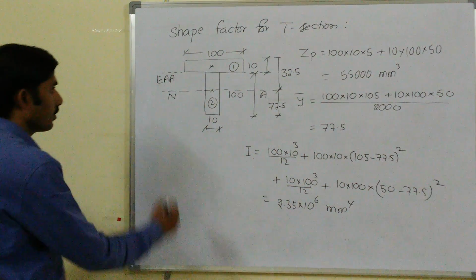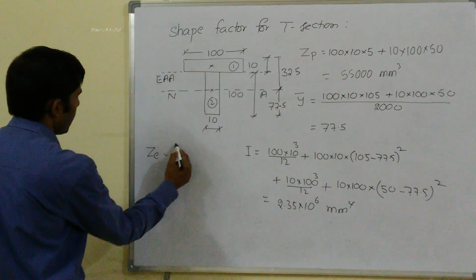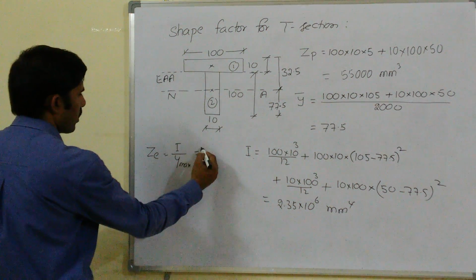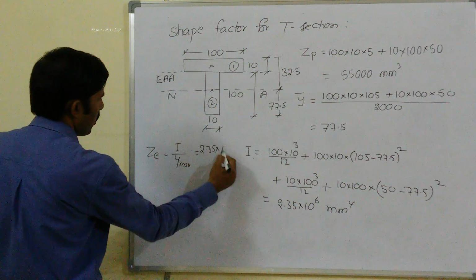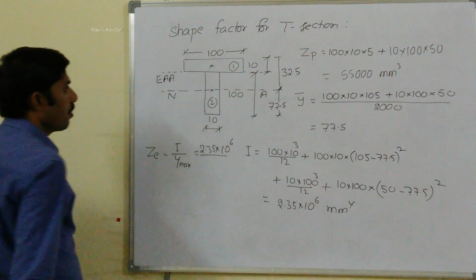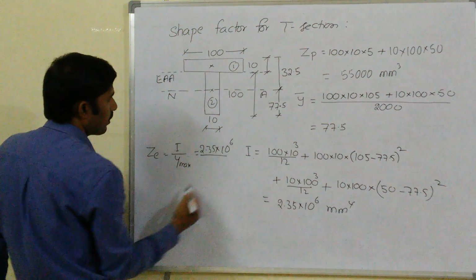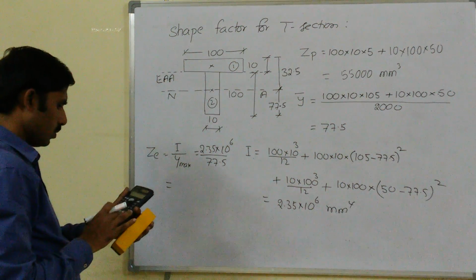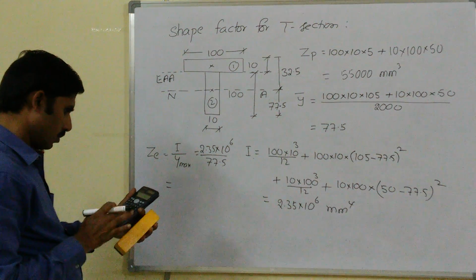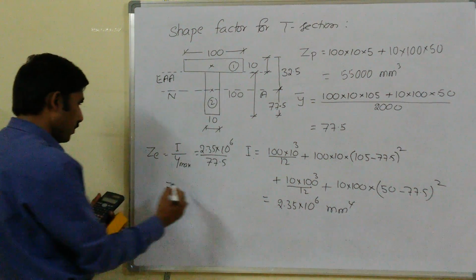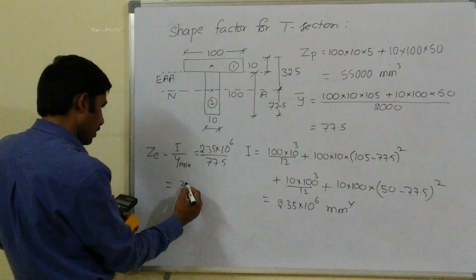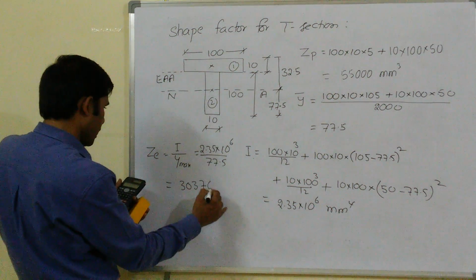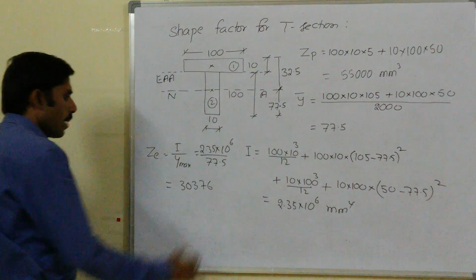Now, what is ZE? ZE equal to I by y max. That equal to I is 2.35 into 10 power 6 by y max is 77.5. So, what is ZE now? 30,376. Okay, mm cube.